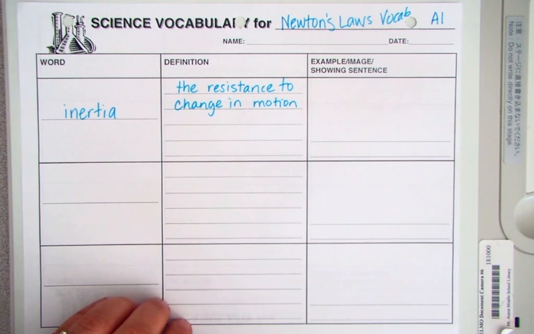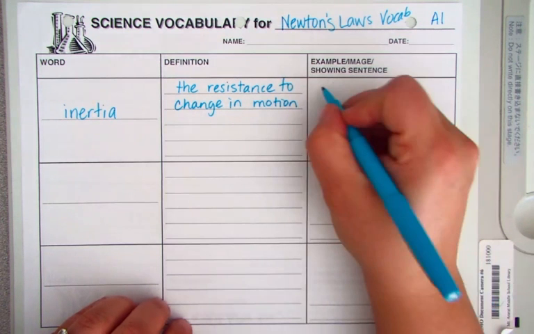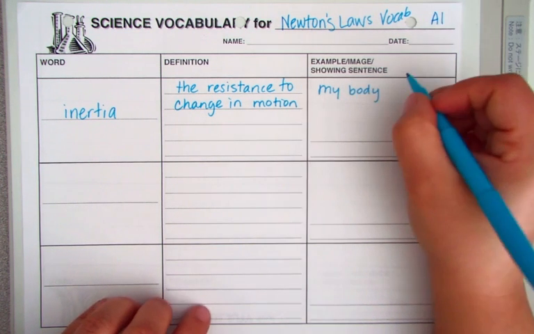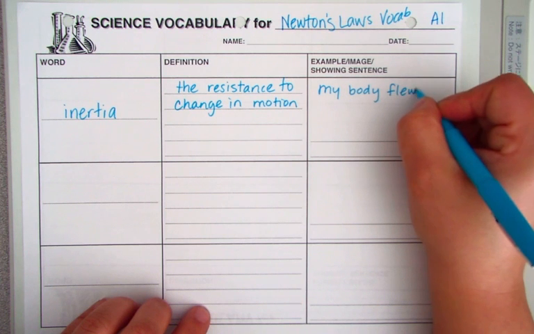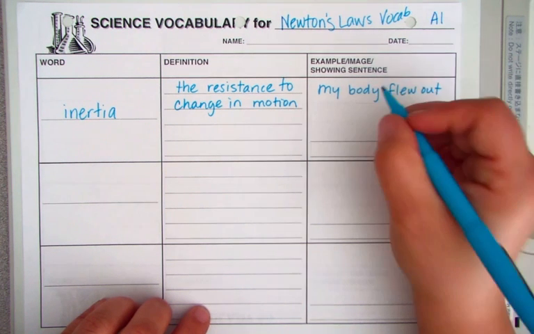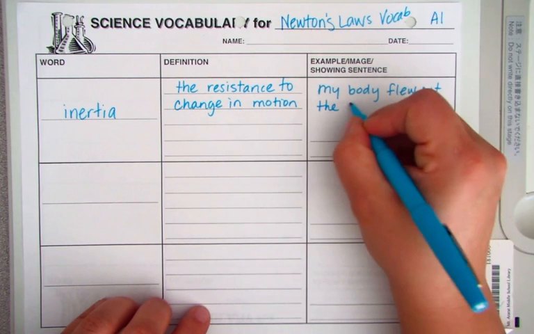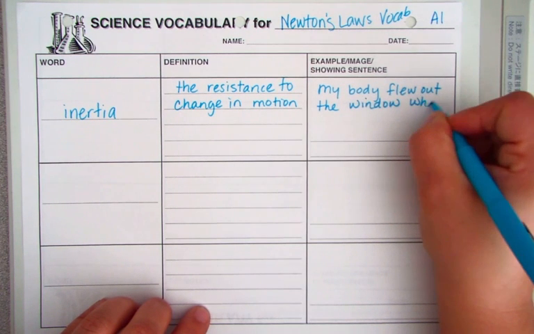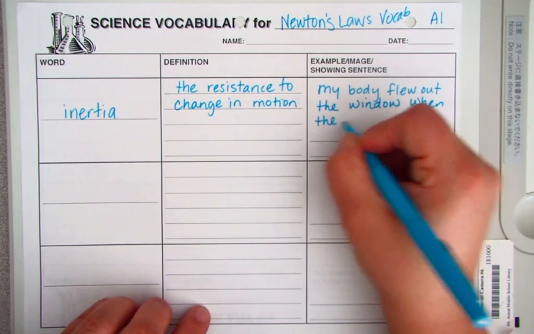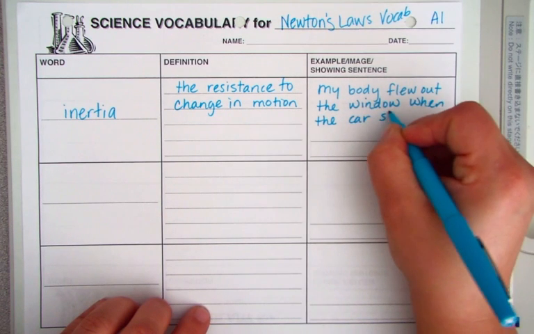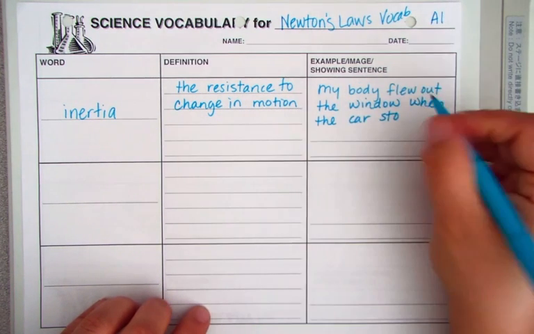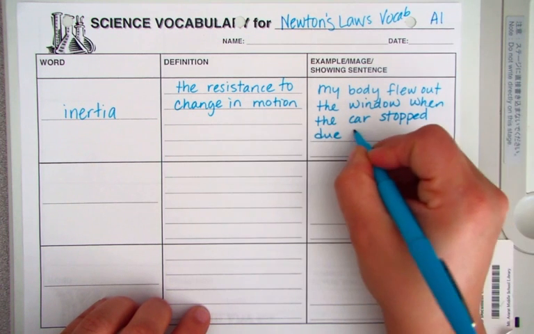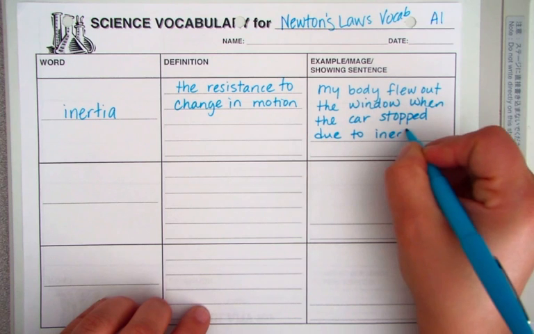An example sentence for this could be, my body flew out the window when the car stopped due to inertia.